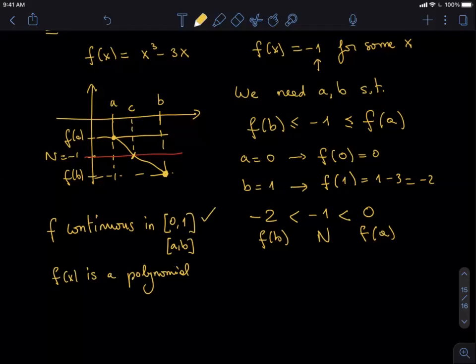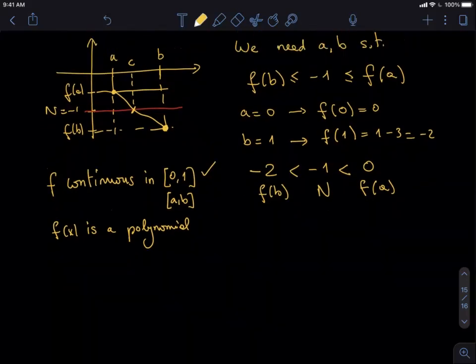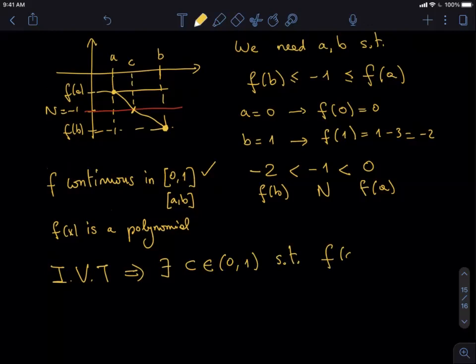Now, once we know that the hypotheses are satisfied, then the intermediate value theorem implies that there exists some number c that is strictly between 0 and 1, such that f of c equals -1.